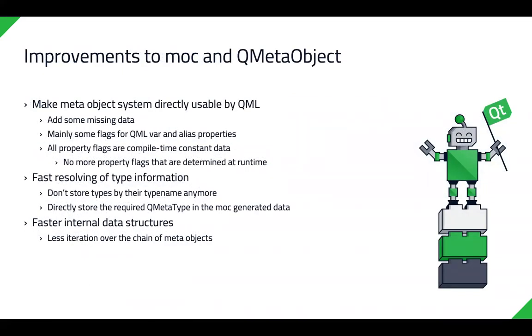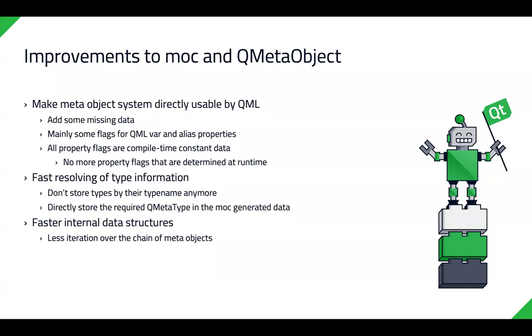We're doing some changes to moc and the meta object to make it more directly usable by QML and improve the performance both for QML and C++ applications. We add some missing data, and make certain things compile-time constant, like the property flags that could before only be determined at runtime.